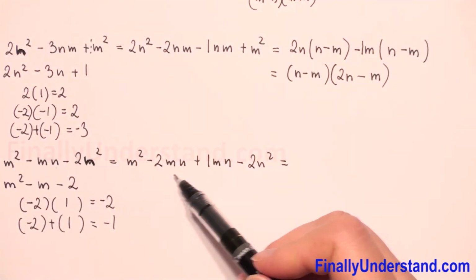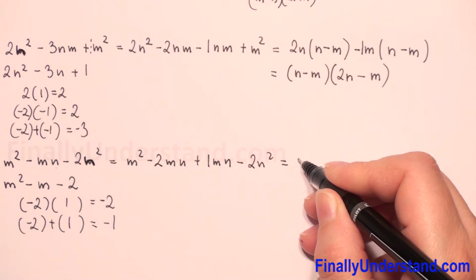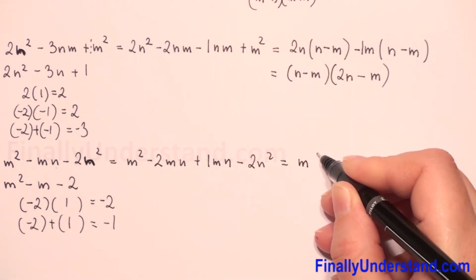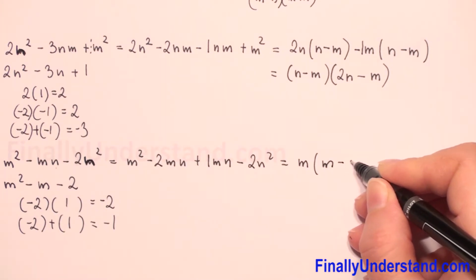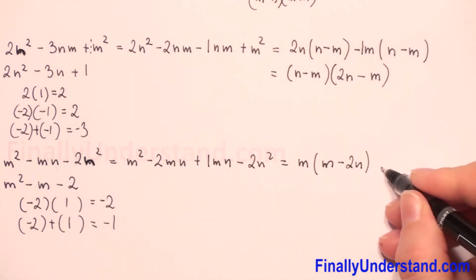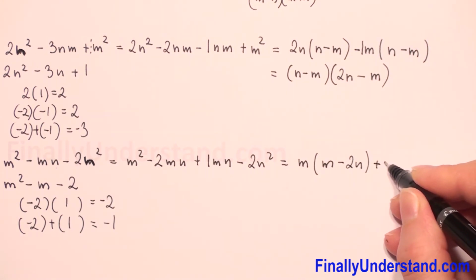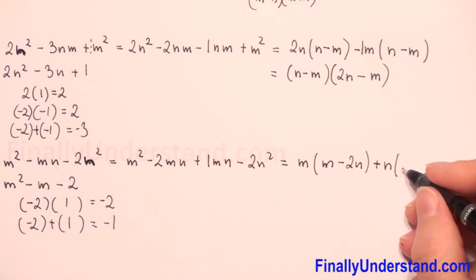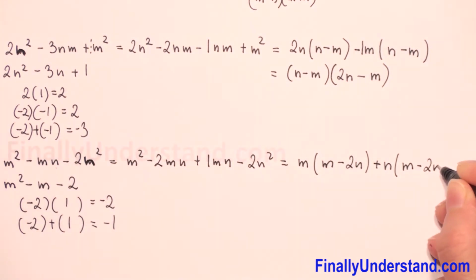But now I have 4 expressions, and from the first 2 expressions I can factorize m, and in parentheses I will have m minus 2n. And from the last 2 expressions I can factorize n, and I will have in parentheses m minus 2n.